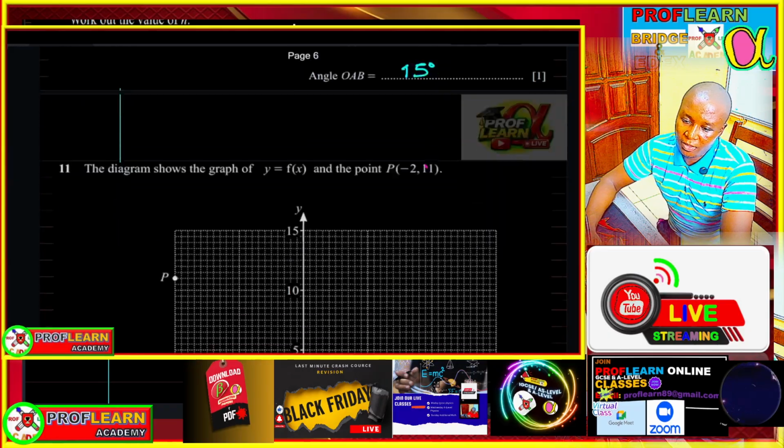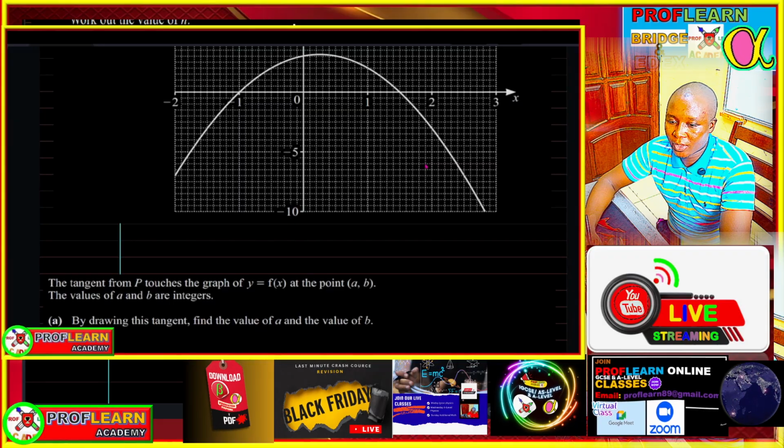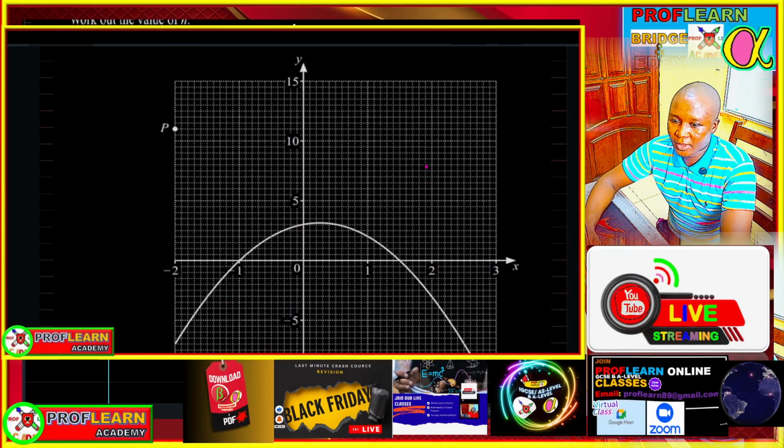Moving to question number 11. We are told that the tangent from point P touches the graph f of x at point a, b. The values of a and b are integers. By drawing this tangent, find the values of a and b. So we're going to identify where P is. P is at this point here.